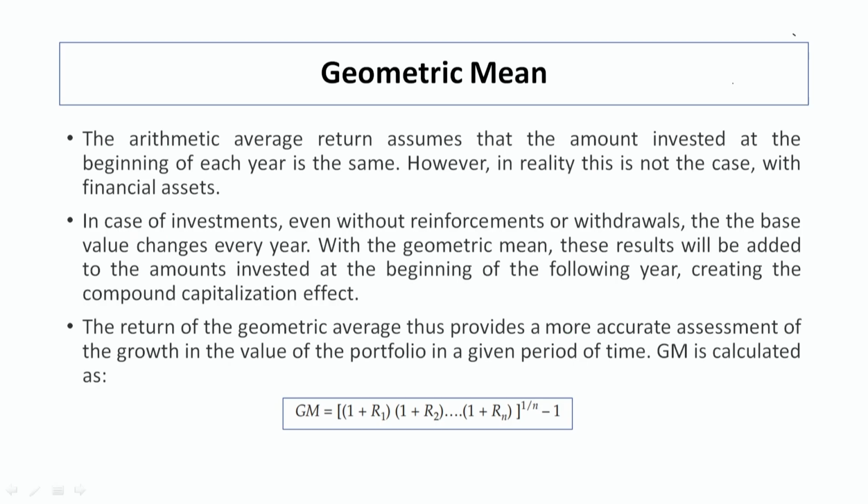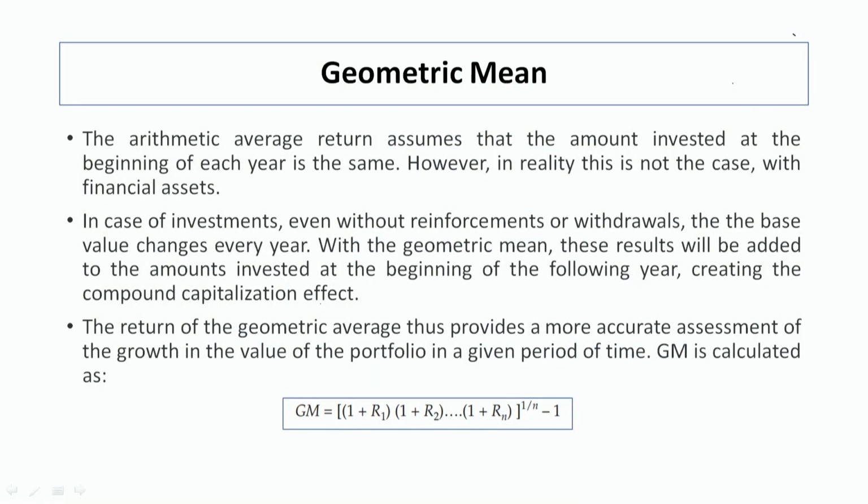So, in case of investment, even without reinvestment or withdrawals, the base value changes every year. As I mentioned in my first lecture also, suppose you have invested 1000 rupees and you are getting 10% return, next year it is going to be around 1100 rupees you are going to invest. Similarly, again you are going to add 10% return on this 1100 and whatever amount is coming you are going to invest. So, you are having a compounding effect.